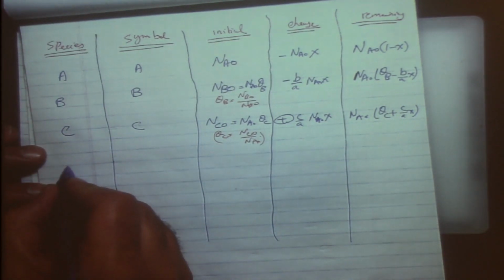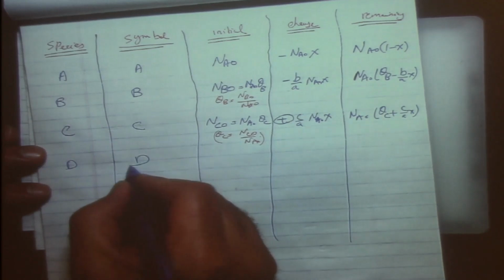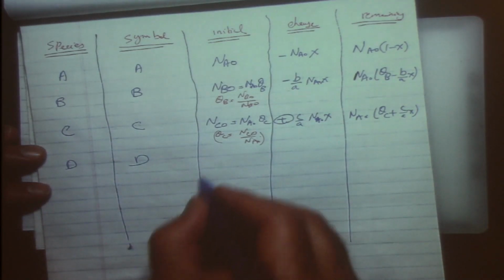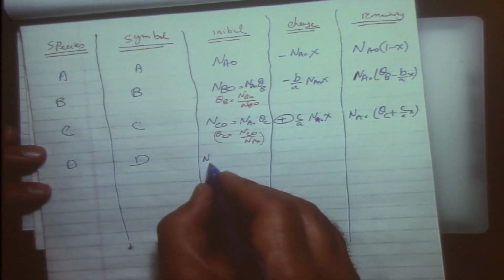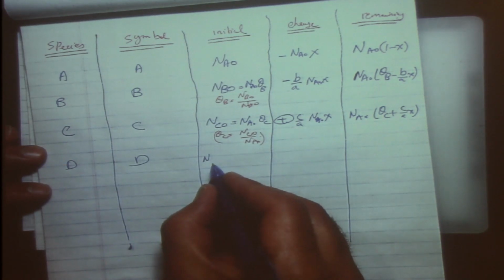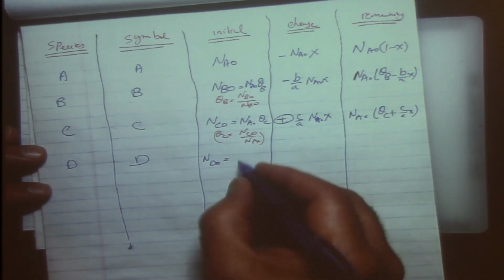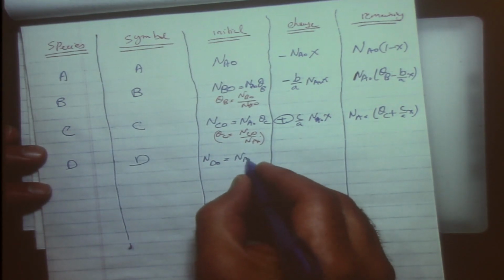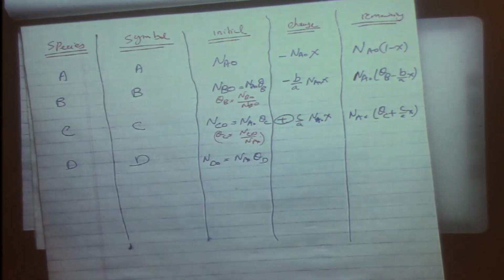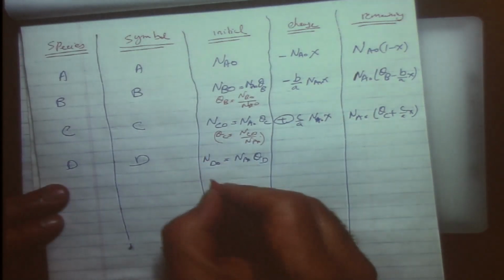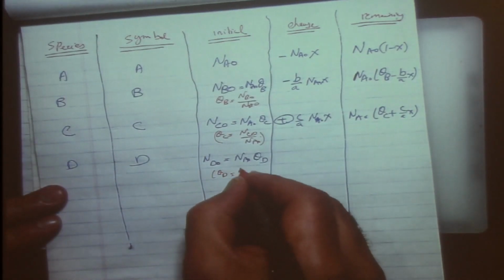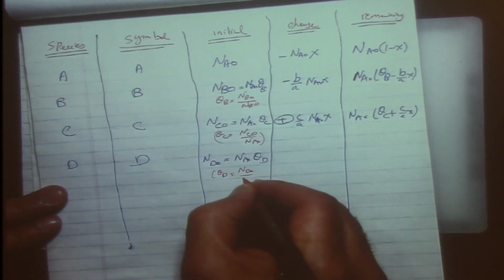The last one is D. So ND0 is equal to NA0 times theta D, where theta D is ND0 over NA0.